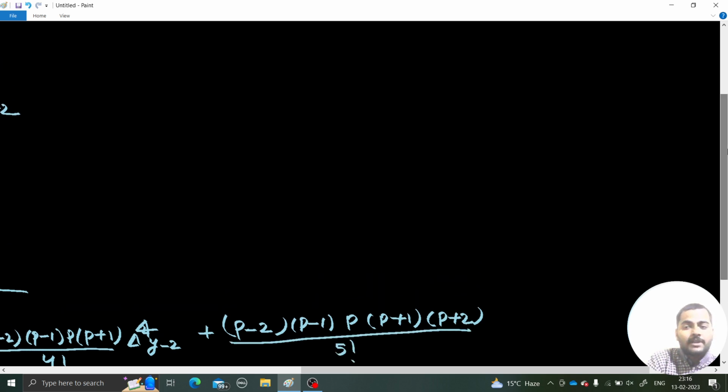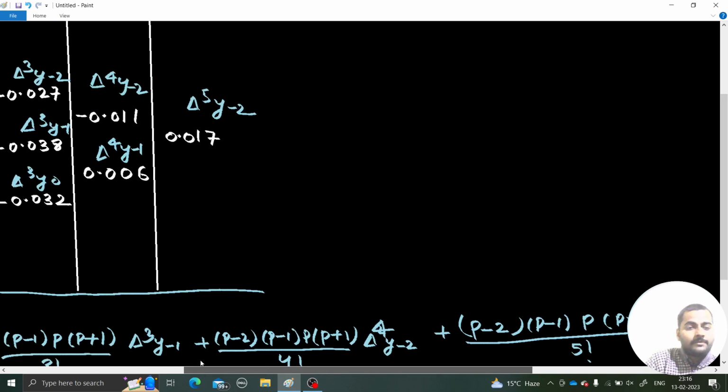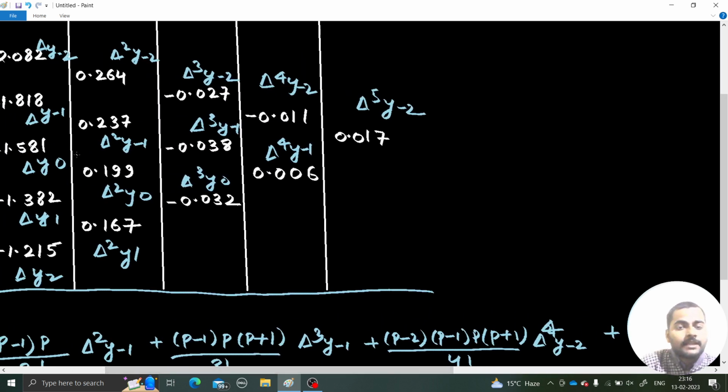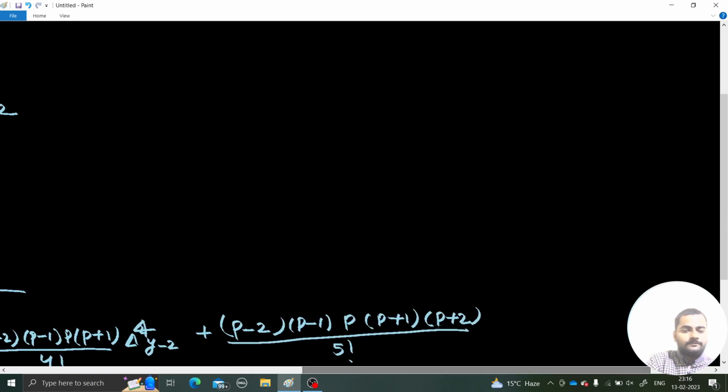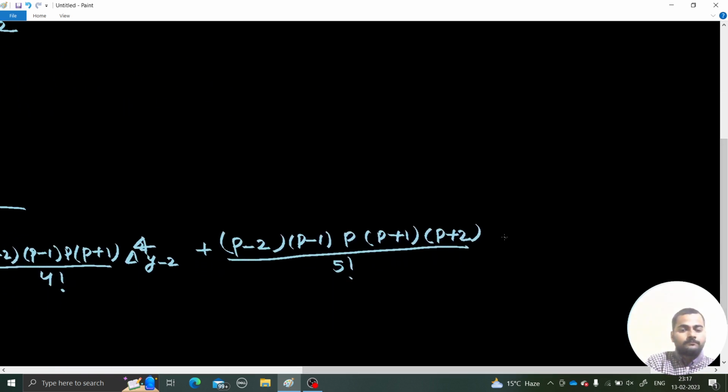And what we have got in the table, you can see from the table itself that the next value is going to be delta 5 y minus 2. Fine, this much value we have got.